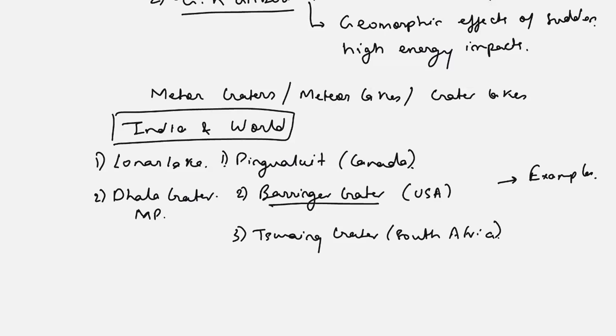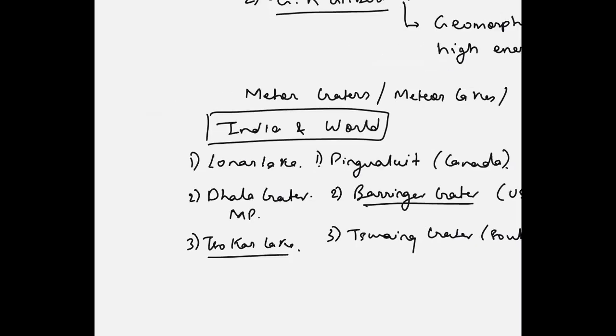In India only, there are hundreds of crater lakes. For example, we can say Soker Lake. Where is it present? It is present in Ladakh.